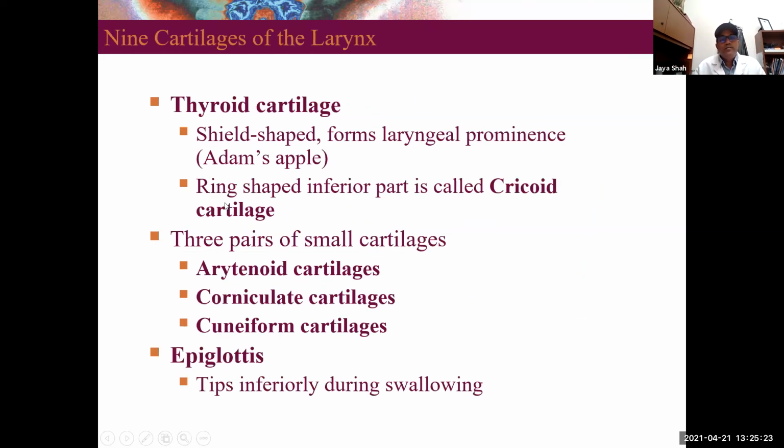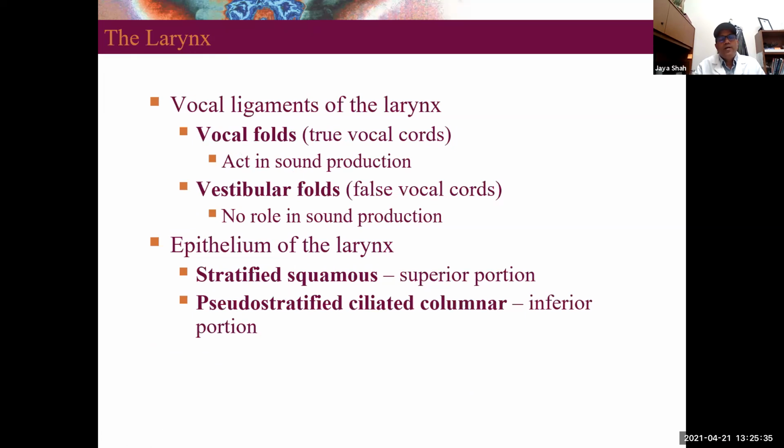Thyroid cartilage 1, cricoid cartilage 2, and these are 6. So 6 and 2 make 8, and the epiglottis. And then the vocal fold and vestibular fold, as I said earlier, here. If you open it, this is the vocal fold and vestibular fold here.